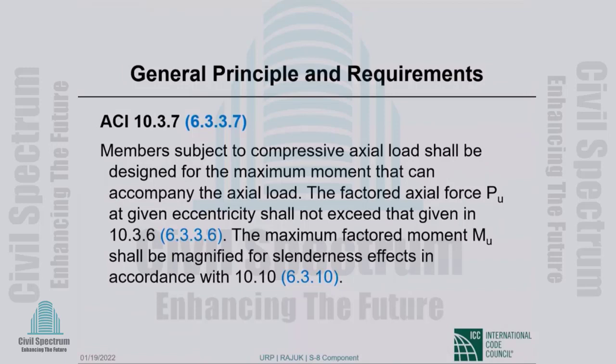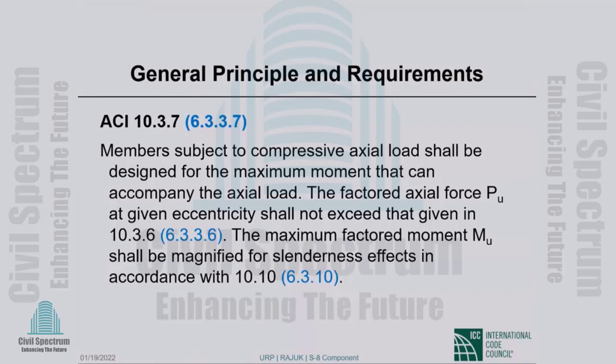Okay, general principles. Members subject to compressive axial load shall be designed for the maximum moment that can accompany the axial load. The factored axial force P sub u at given eccentricity shall not exceed that given in section 10.3.6. P sub u is the required strength.